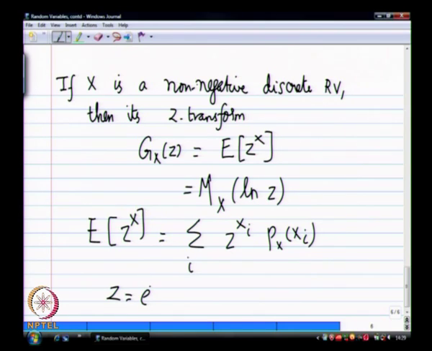Right, z is e to the natural log of z. So now my summation becomes e to the power x_i times the natural log of z.